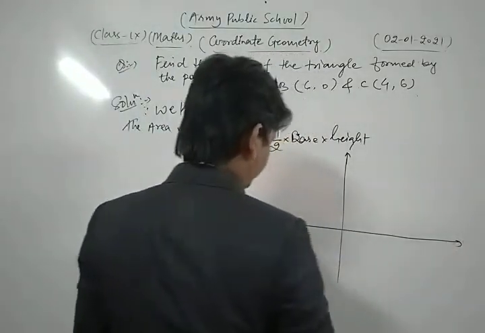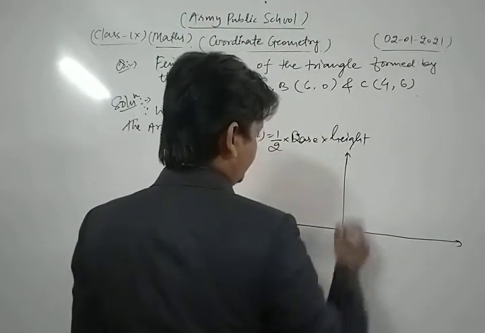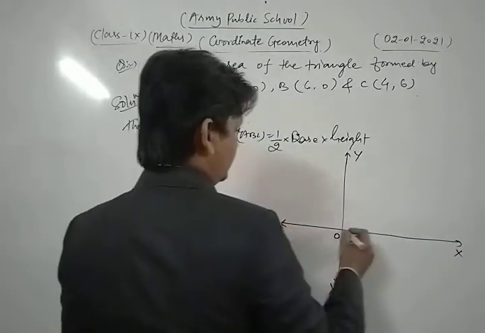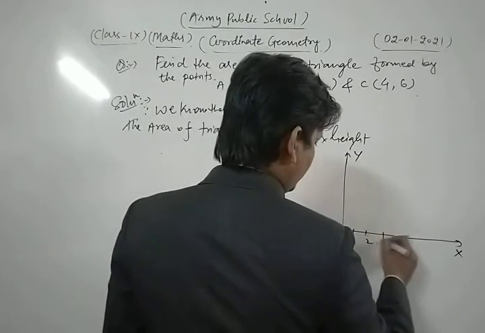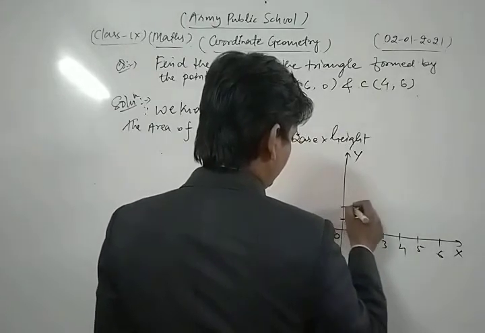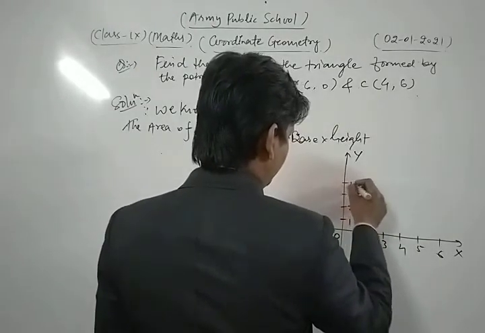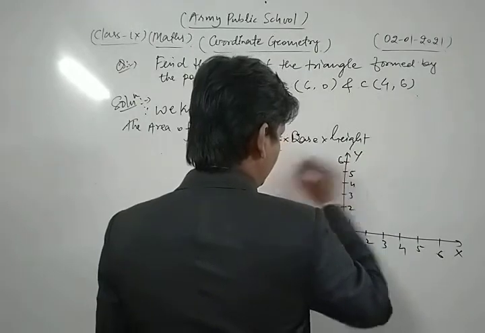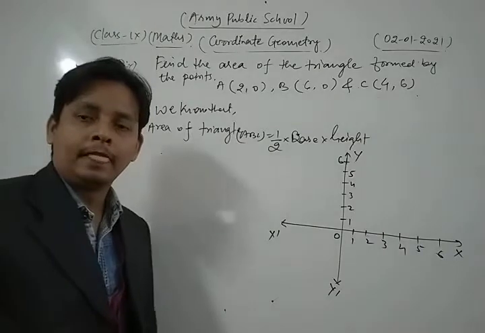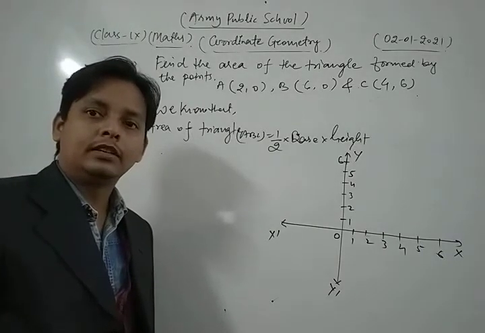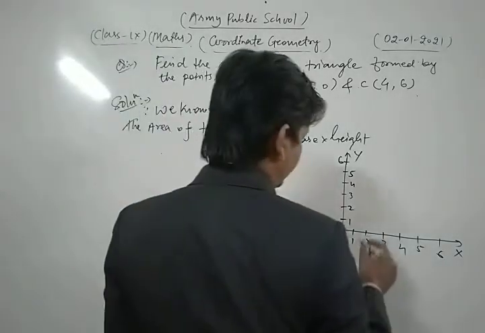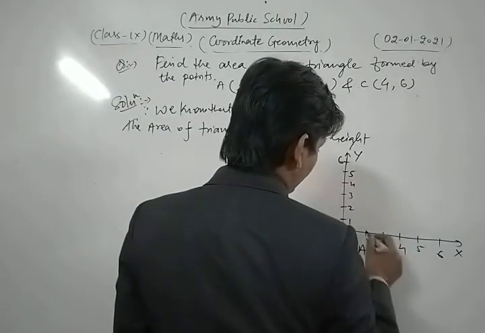Let's see, y dash, x dash, x, this is plus 1, plus 2, plus 3, plus 4, plus 5, plus 6, and plus 1, plus 2, plus 3, plus 4, plus 5 and plus 6. Okay, now let's see, first point 2, 0, ordinate is 0, on the x-axis. So this is 2, 0 here, the point A lies on that place.